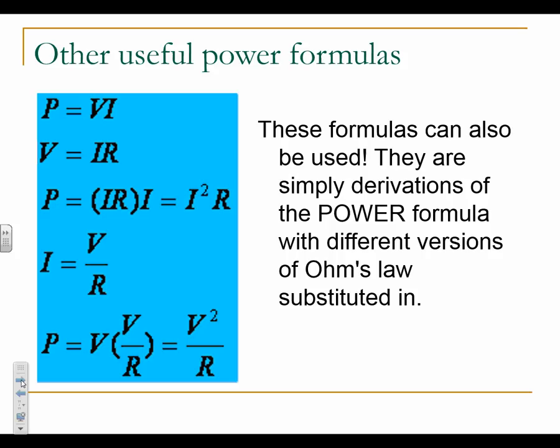So if we substitute that back in, I now have V times V over R, and V times V is V squared, divided by R. So these formulas can be used too. They're simple derivations of the power formula, using different versions of Ohm's law substituted in.